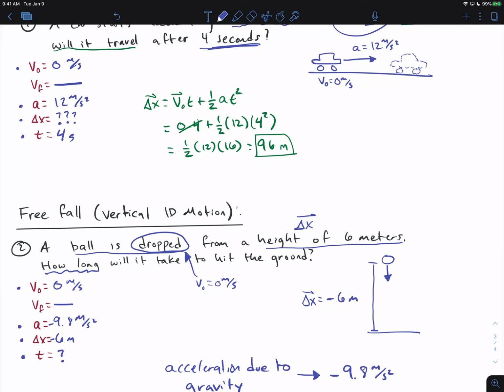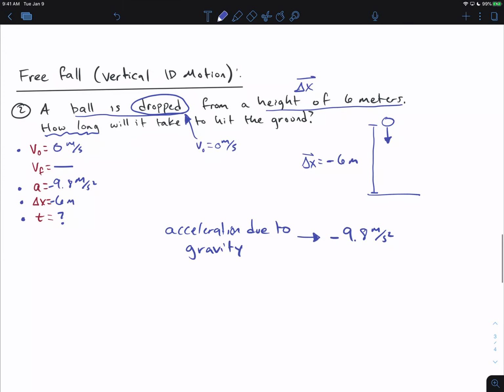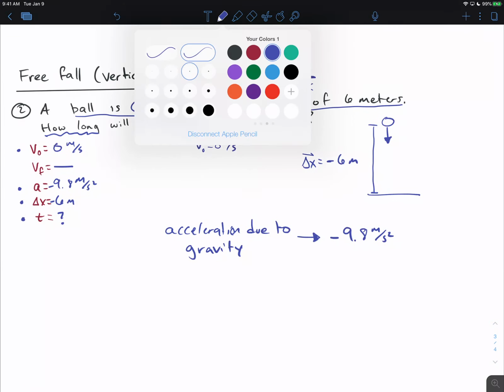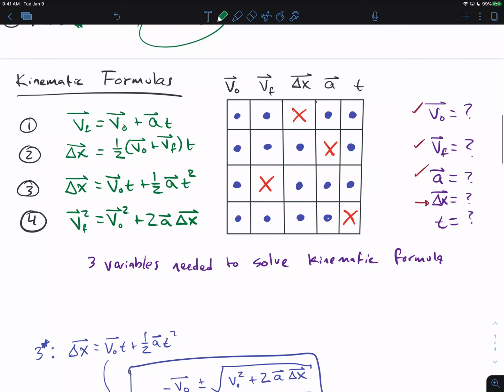We had initial velocity, acceleration, displacement, and time. That's not on purpose. It just worked out this way for us. So we know that we're going to be using the same formula. If I come up here and look at this, what I have is initial velocity, displacement, acceleration, and time.